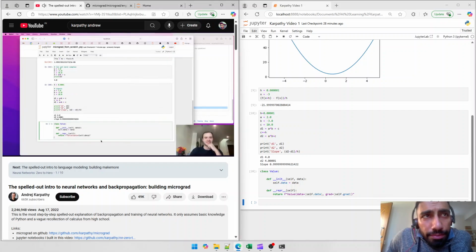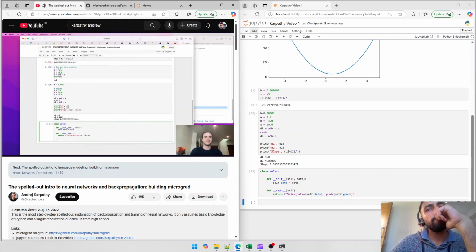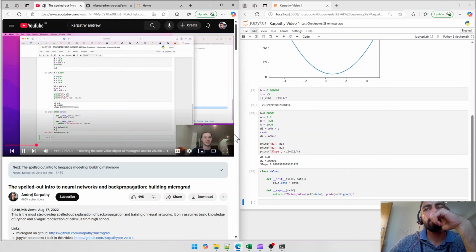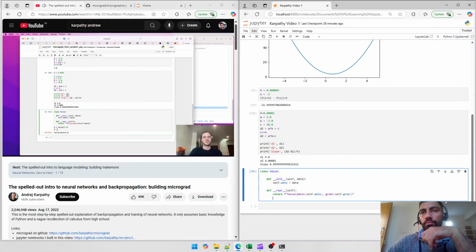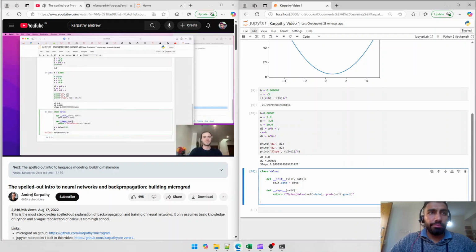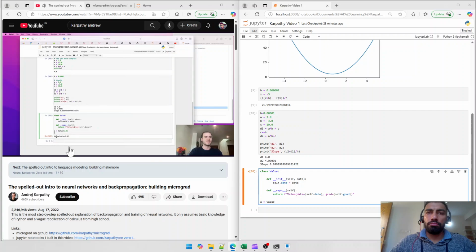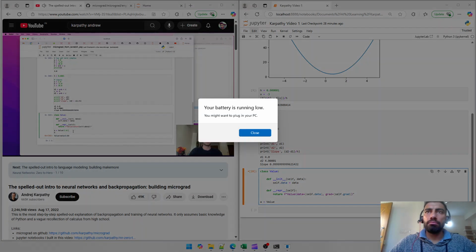So class value takes a single scalar value that it wraps and keeps track of, and that's it. So we can, for example, do value of 2.0, and then we can look at its content. Python will internally use the repr function to return this string. So this is a value object with data equals 2 that we're creating here.